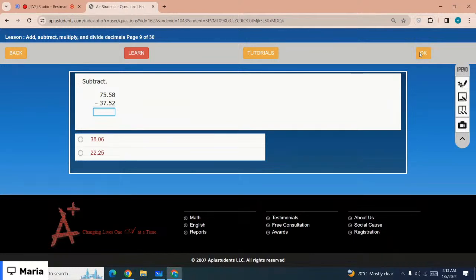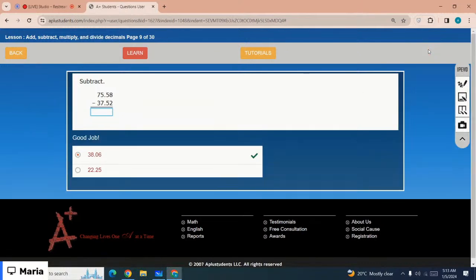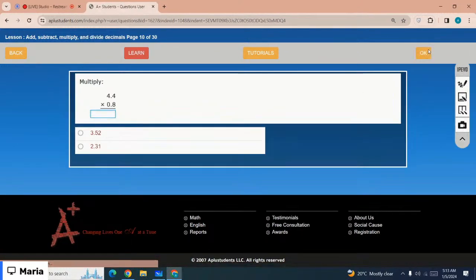The correct option is 38.06, option number 1. Now 4.4 times 0.8. Which is the correct option?